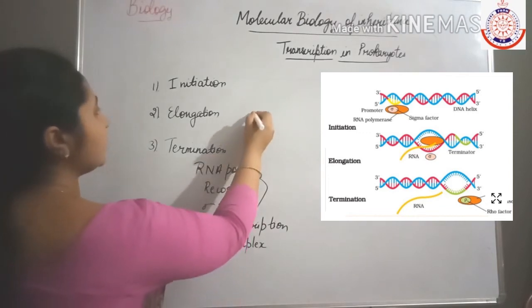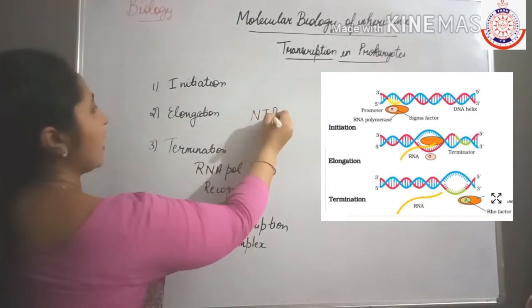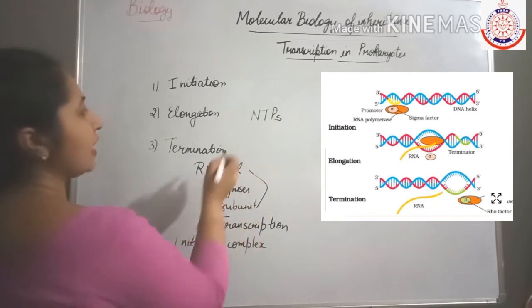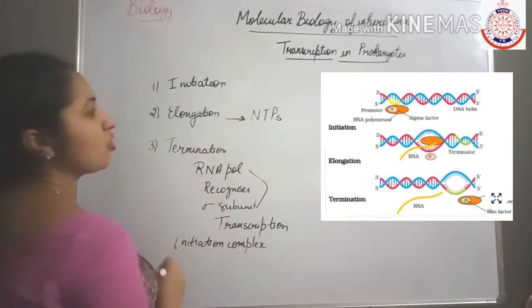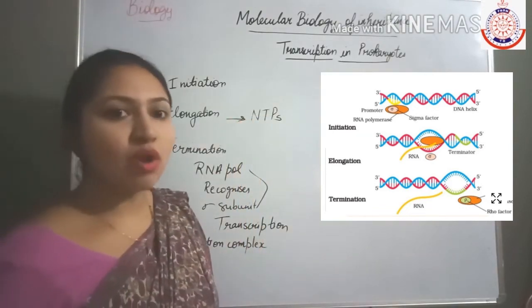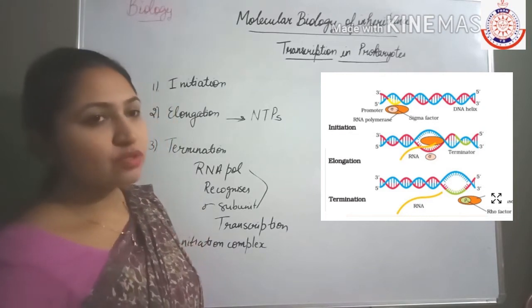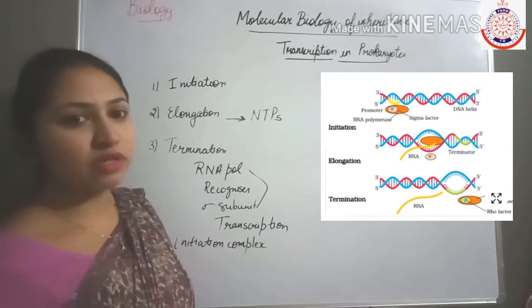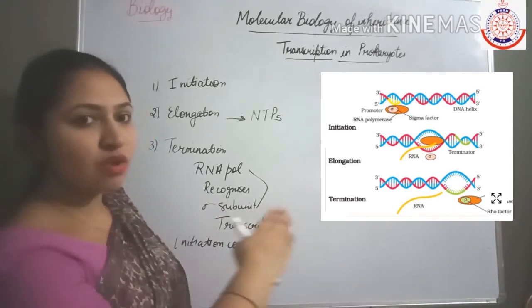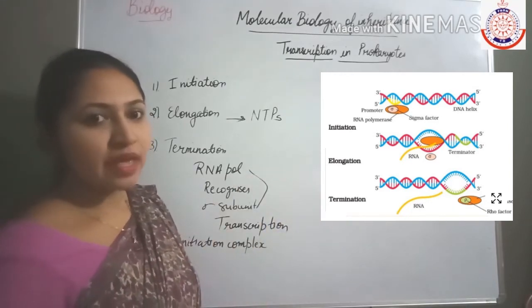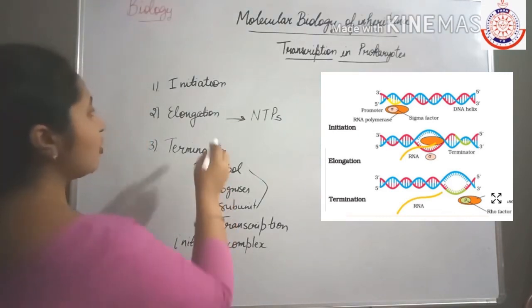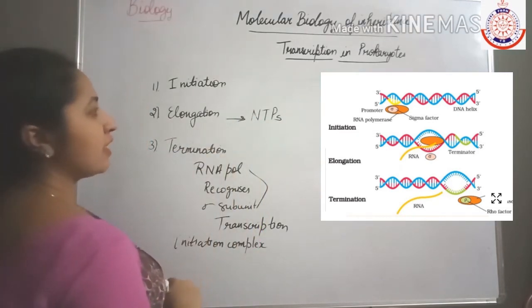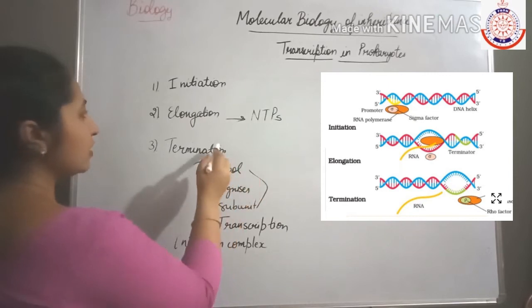Then the NTPs are added, and this process is known as elongation. As the NTPs add on by the action of the RNA polymerase, it helps in the elongation of the RNA chain.